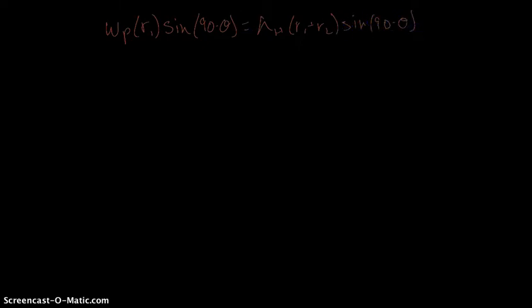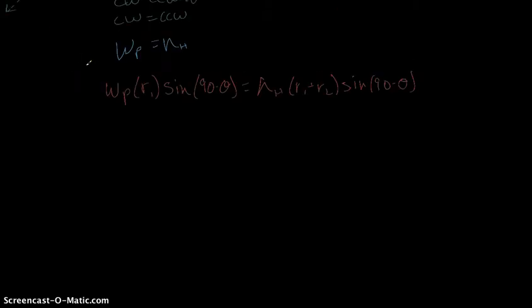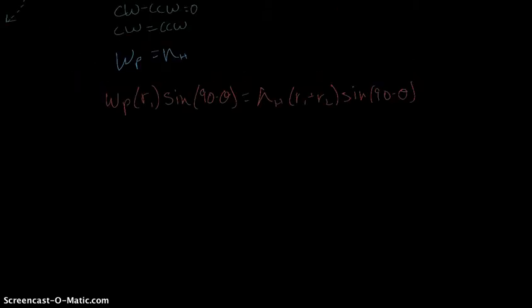Alright, so at this point it's pretty easy to see that we have sine of 90 minus theta on each side, so we can go ahead and cross these out. We're left with weight of the person times R1 equals normal force of the hands times R1 plus R2.